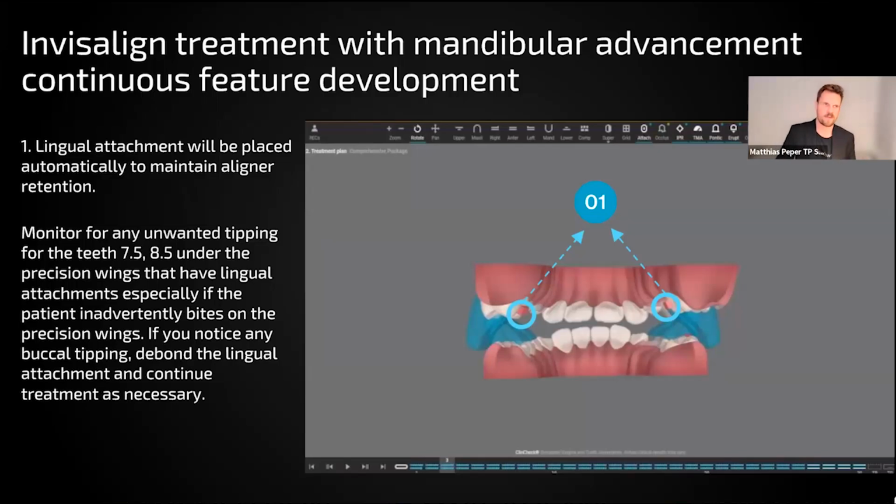Now in the software, we have it automatically, and this is also something very beautiful. We can monitor for any unwanted tipping for teeth 7 and 5 under the precision wings that have lingual attachments, especially if the patient bites on the precision wings. That happens sometimes, so of course you need to control it. If you notice any buccal tipping, debond the lingual attachment and continue the treatment as necessary.